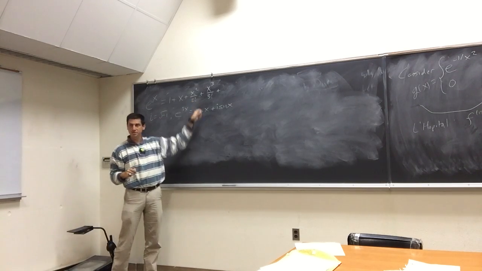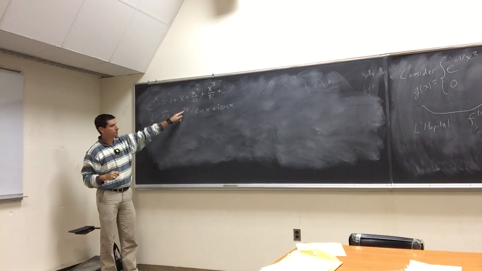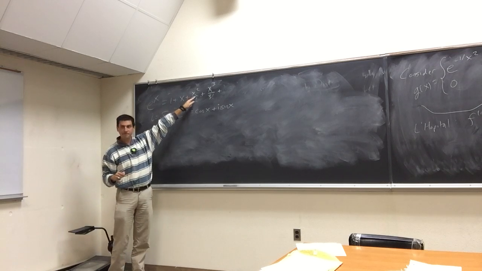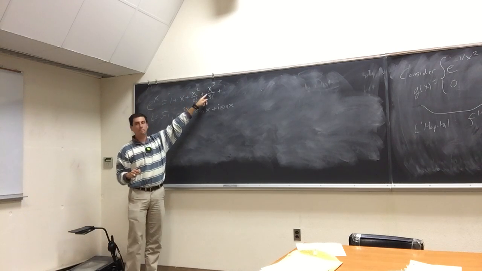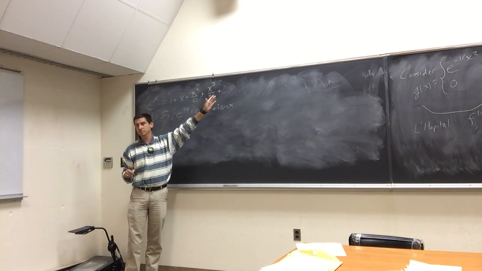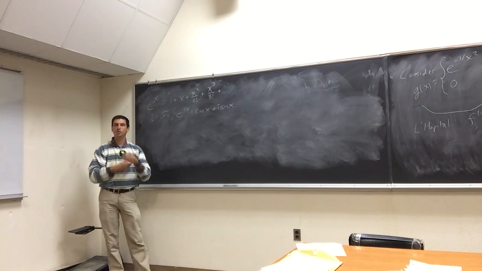You know what the Taylor series is of cosine, you know what the Taylor series of sine is. If I put an i, I'll get 1 plus ix minus x squared over 2 factorial minus ix cubed over 3 factorial. You'll see all the odd terms will be imaginary, all the even terms will be real, and they'll be alternating positive, negative, positive, negative.